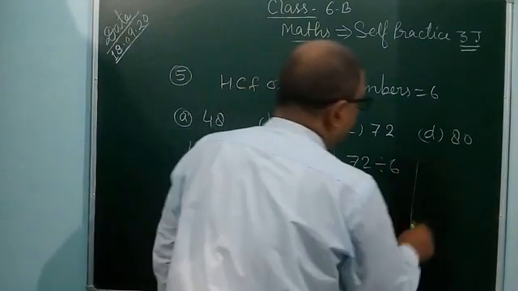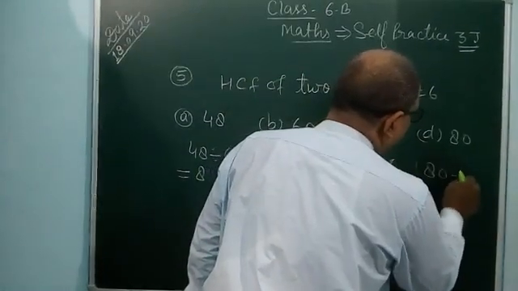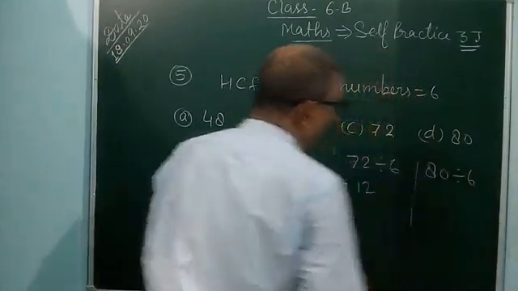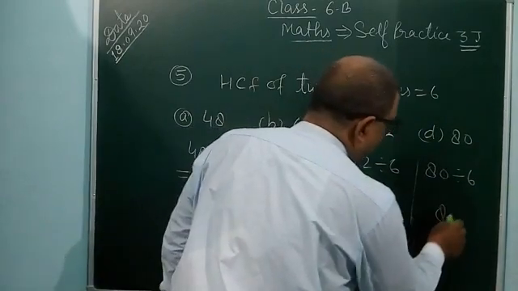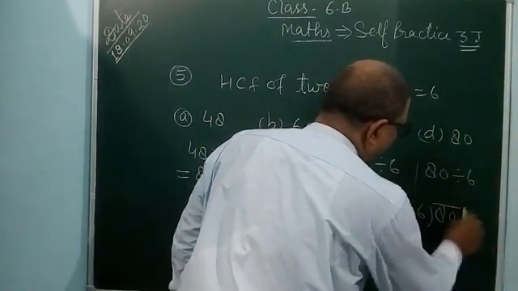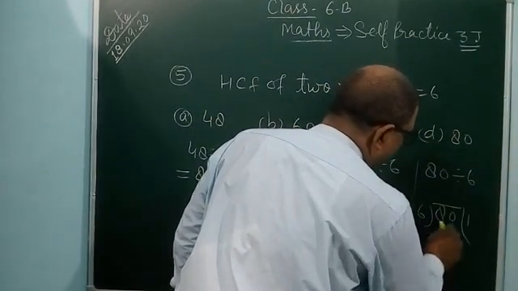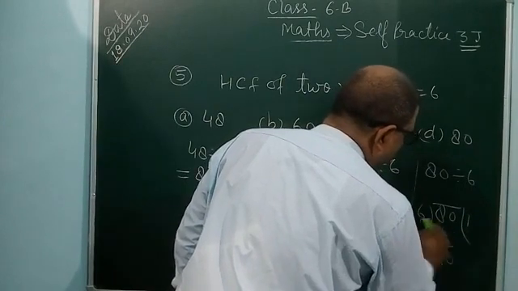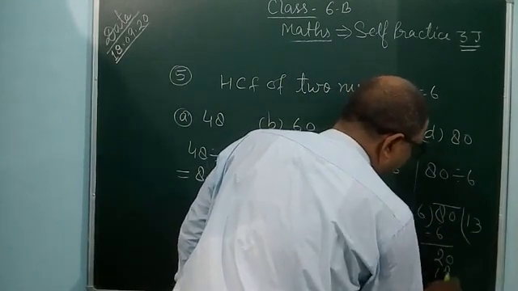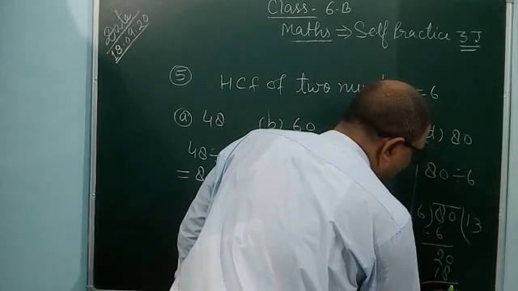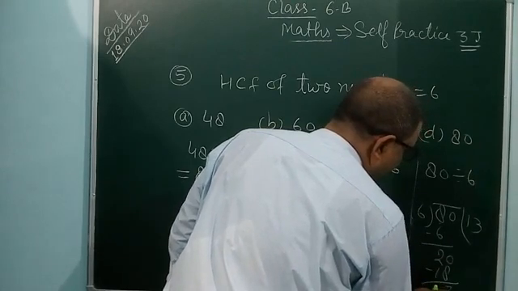But you divide 80 by 6. So it has a remainder. See, 80 divided by 6: 6 1s are 6, 6 3s are 18... here minus, 8, 2, and here 0.